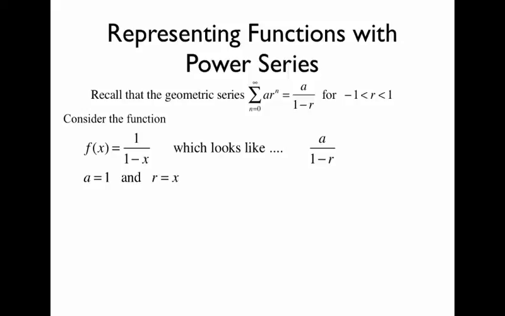Well, we know what series a over 1 minus r equals, right? What does a over 1 minus r equal? We know what series that is. Well, now we got a equals 1 and r equals x. So what series does that equal? X to the n. Everyone should be able to do this. This is not hard.